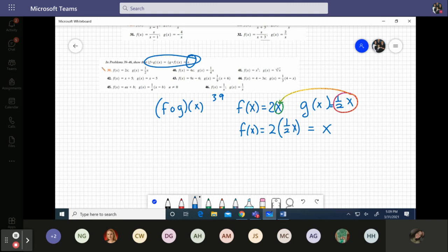So far, so good. Now, if my g of f also simplifies down to x, then yes, they are going to be equal to each other. So it's going to be 1/2 times 2x, and yep, that equals x. They both simplify down to x, so my answer is yes.